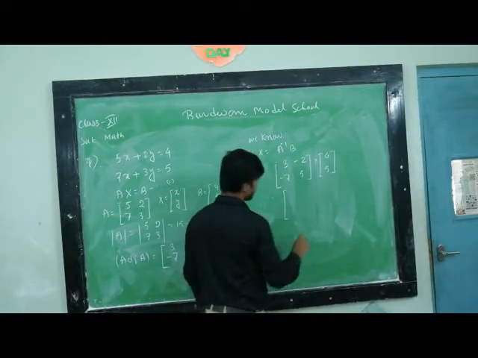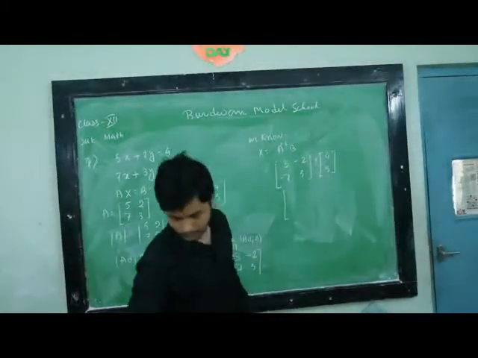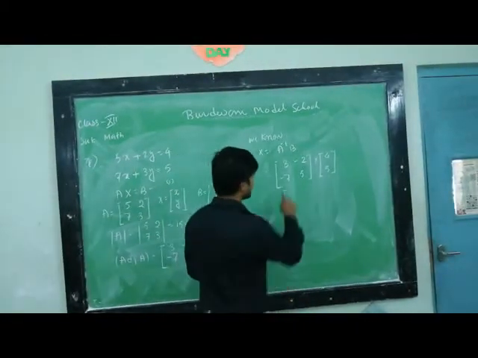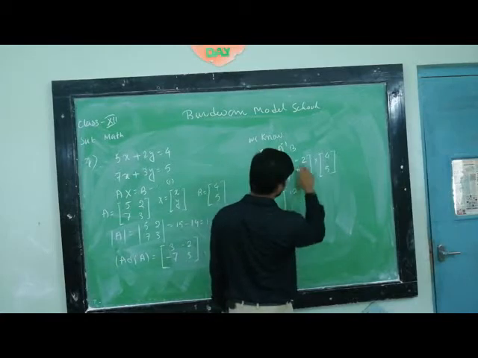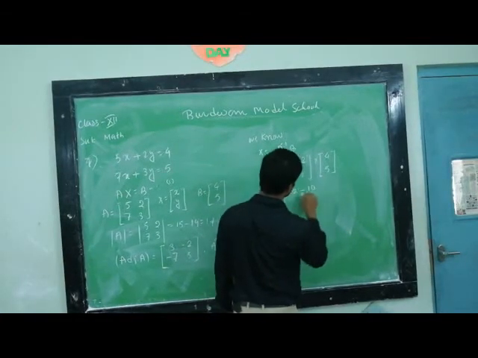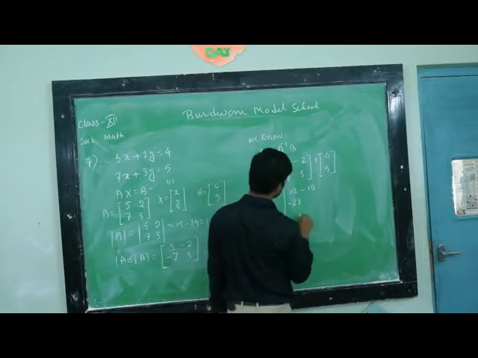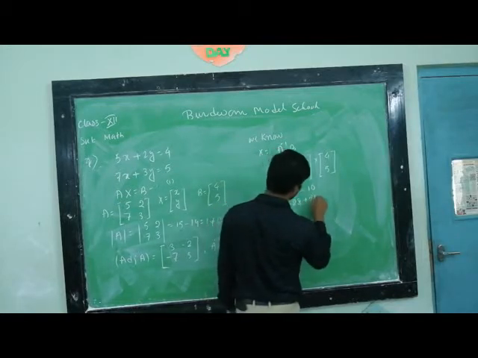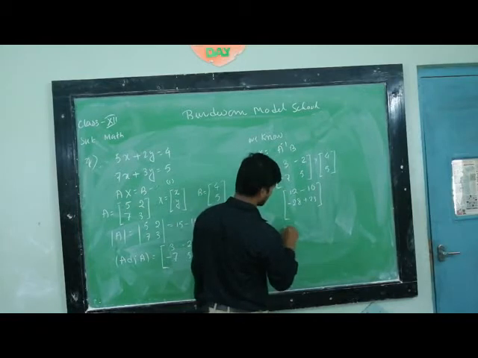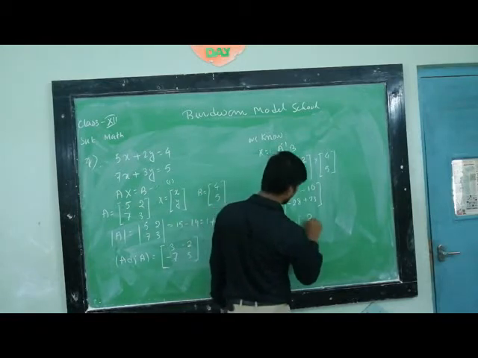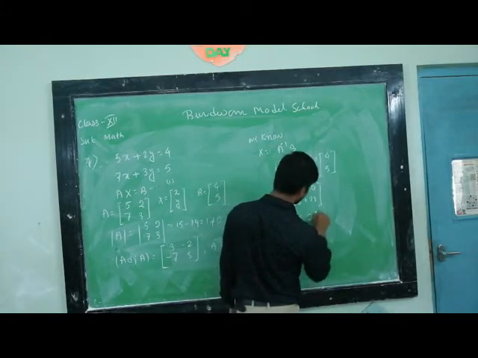On multiplying we have 3 4s are 12 minus 5 2s are 10, 7 4s are 28 and 5 5s are 25, which is equal to 2 and minus 3.